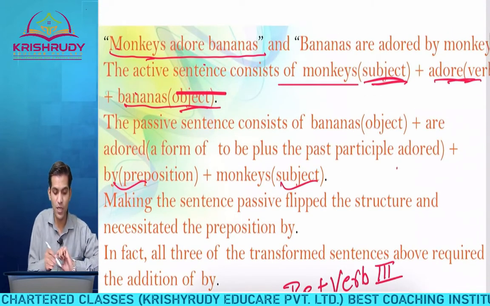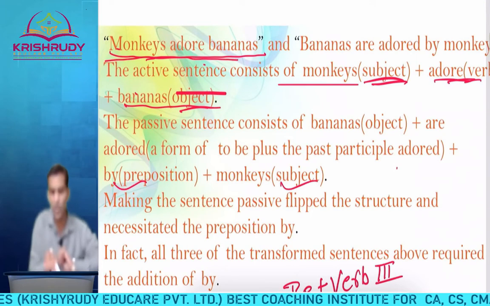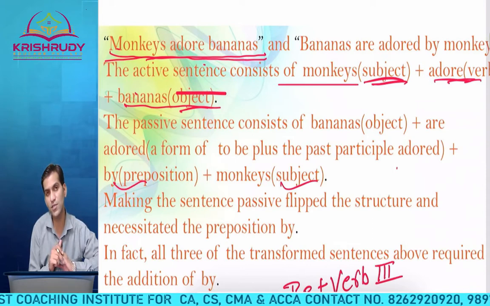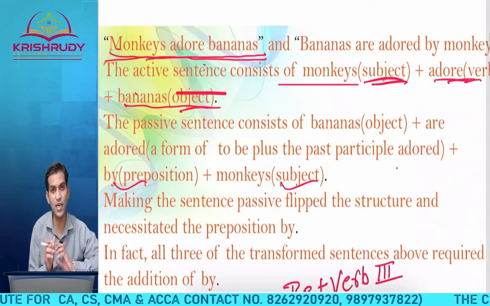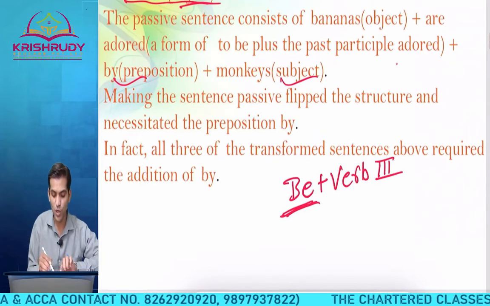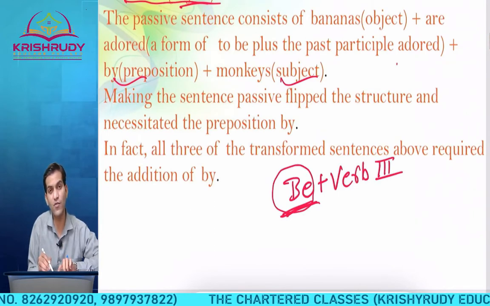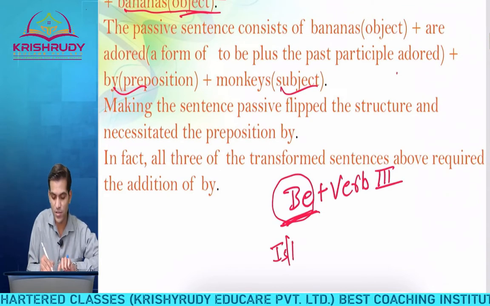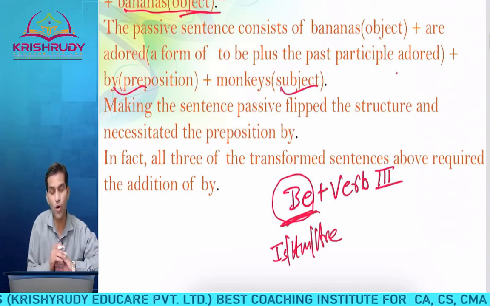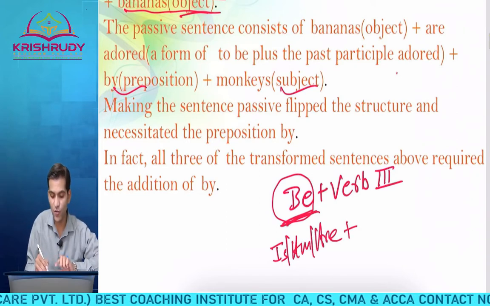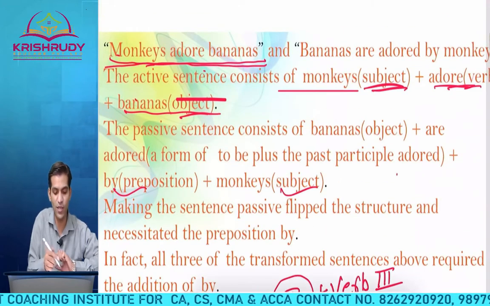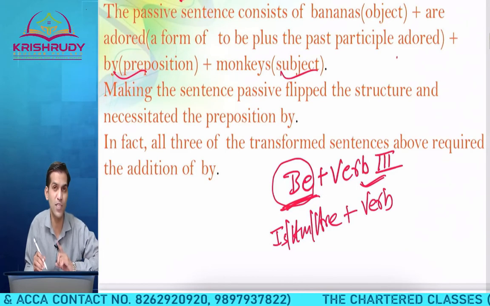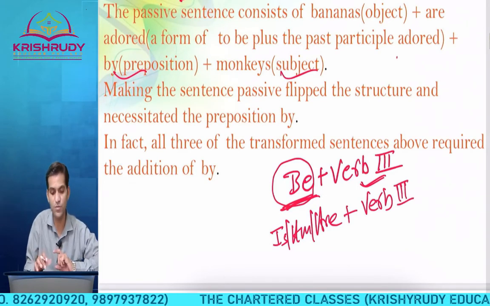For example, in the first example, "monkeys adore bananas", we can easily find out that the tense used is present indefinite tense. So as per the present indefinite tense, we have to change the form of "be", which could be is, am or are, and with it we have to use the verb. The verb is already here, that is "adore", and this will be changed into the third form. Third form means the past participle form of the verb, right?